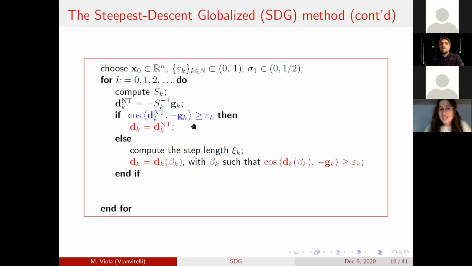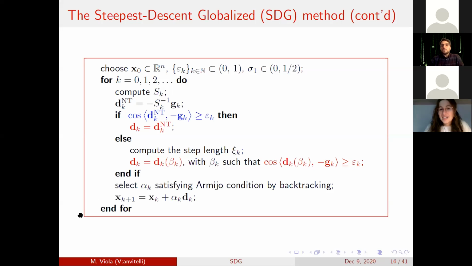Otherwise, we compute the step length ck, being sure that it's a good step length, and then we try to find the beta k such that we have a direction dk which satisfies the angle condition. Once we have found this direction dk, we can perform the line search and everything is fine.